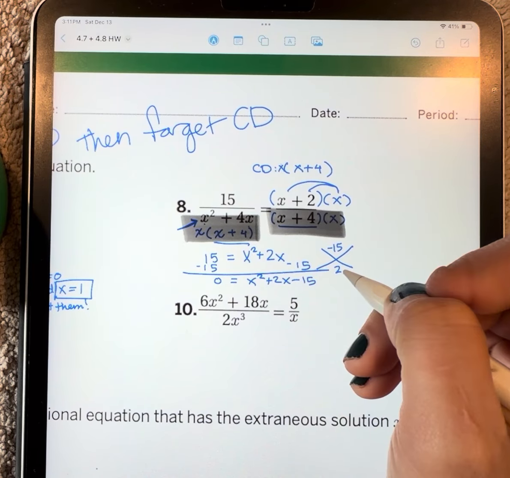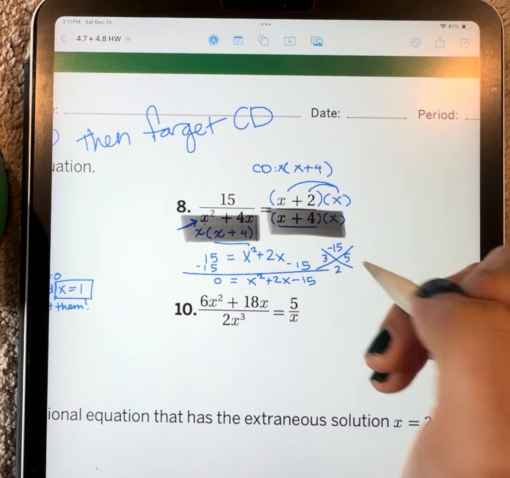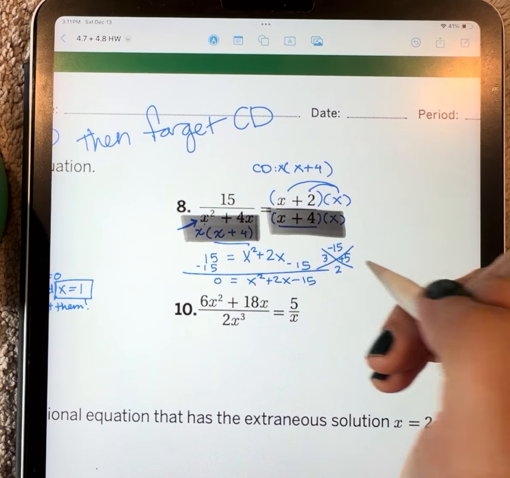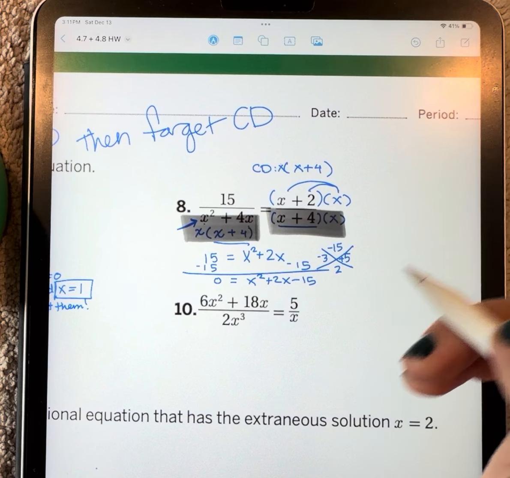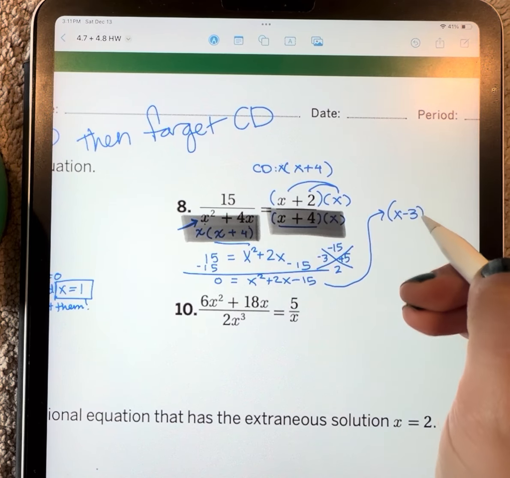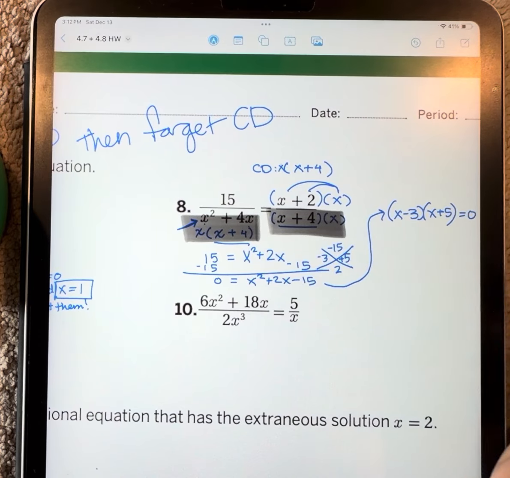And what can multiply to 15 and still may add to 2? 3 and 5. The 5 is going to have to be positive because the 2 is positive. But to multiply to negative 15, the 3 is going to have to be negative. Which means this thing right here factors into x minus 3 and x plus 5. Just these two numbers equals 0.